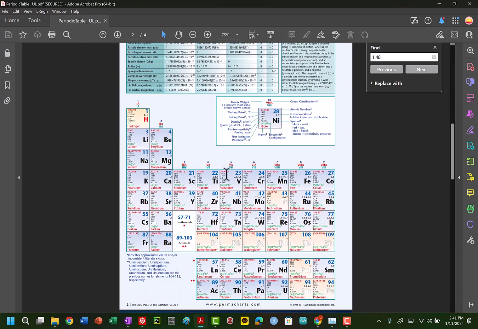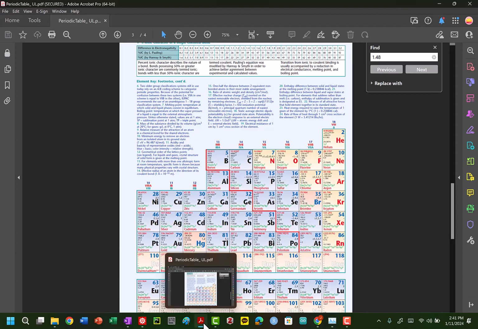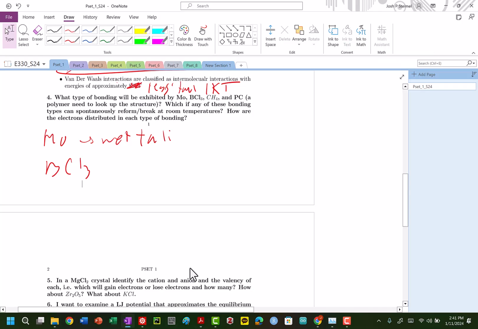For boron, we have 2.04, and for chlorine, we have 3.16. So boron is 2.04 and chlorine is 3.16. Let's go ahead and calculate that difference.